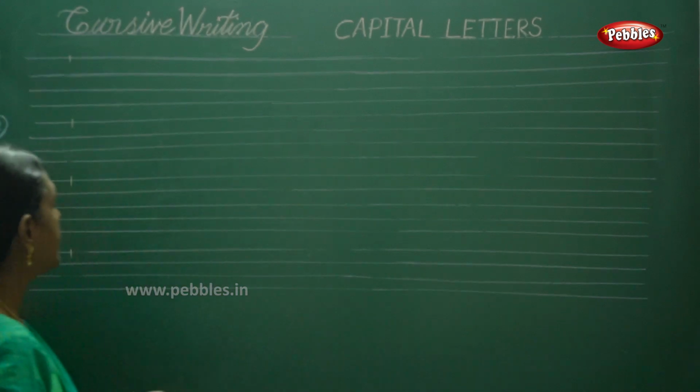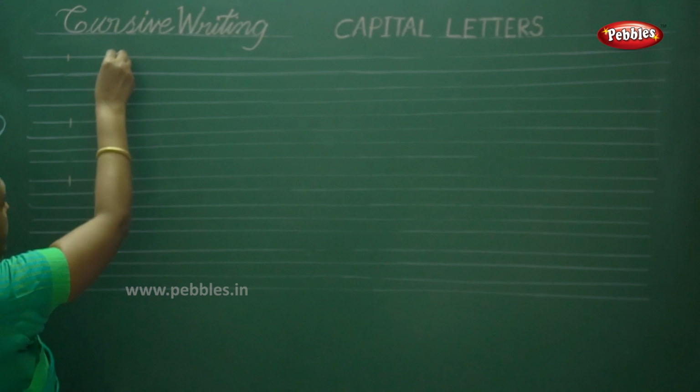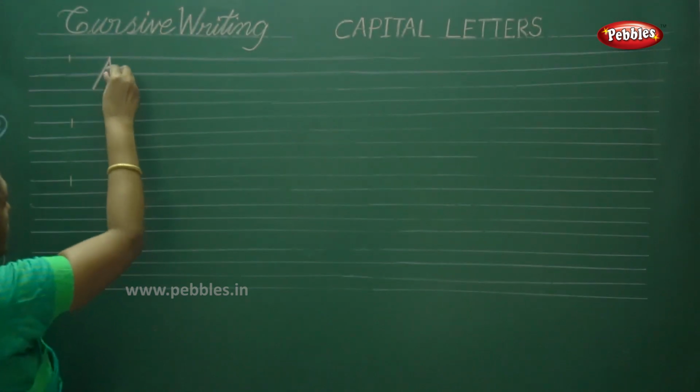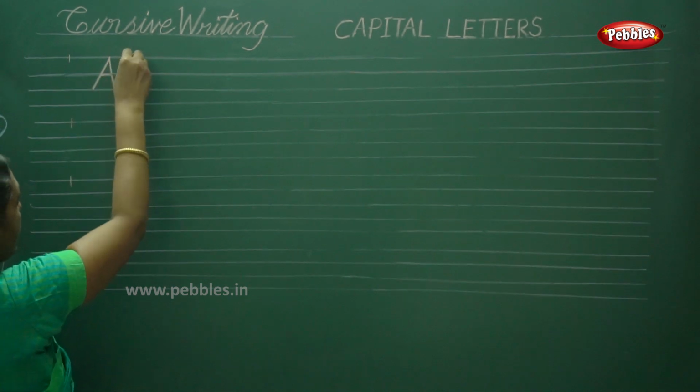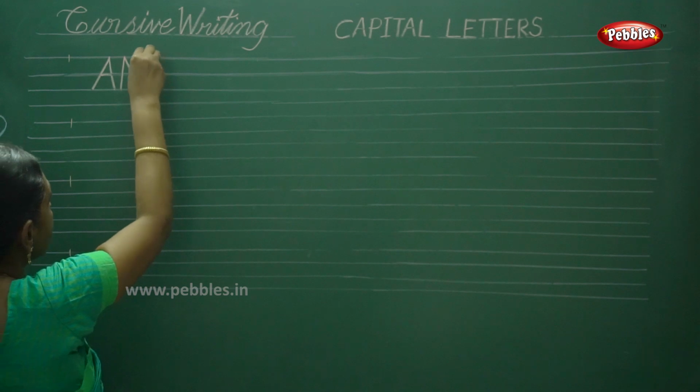Okay children, first we have to write font words. So I write first the alphabet A, and the word anchor.